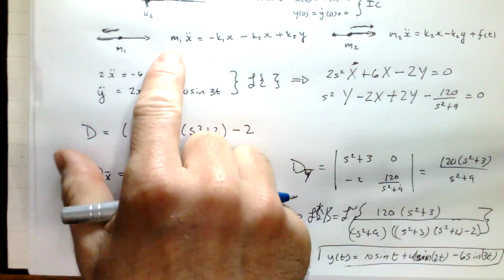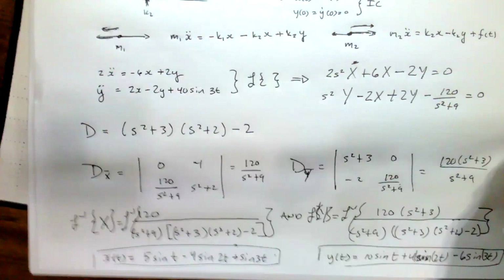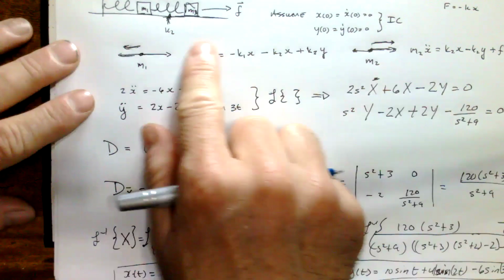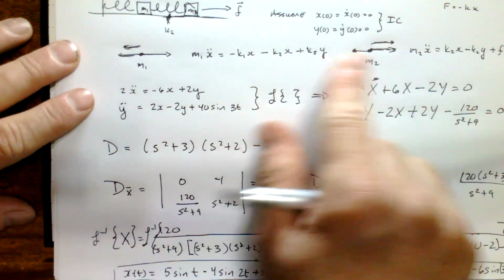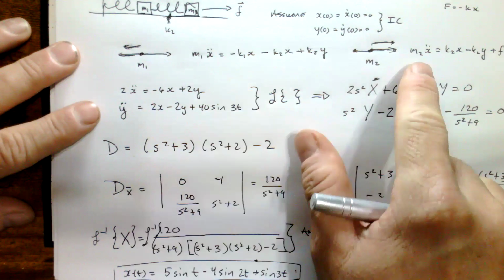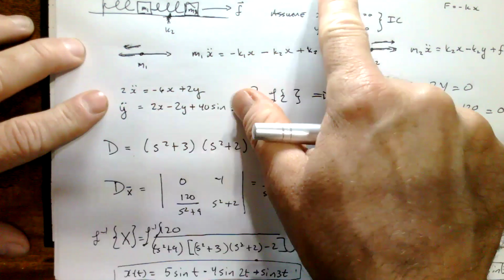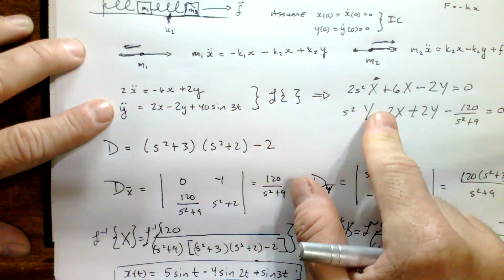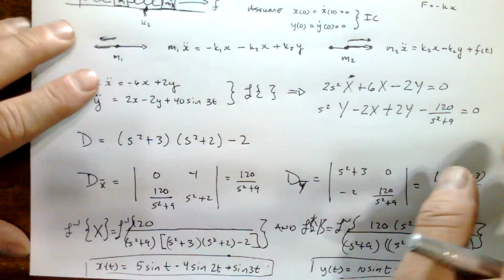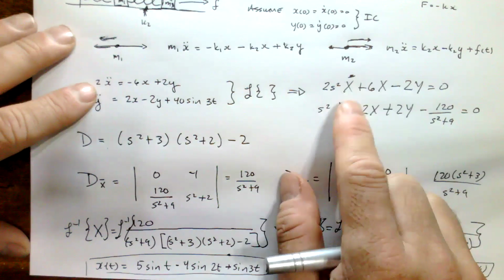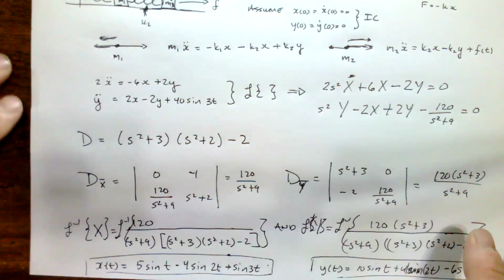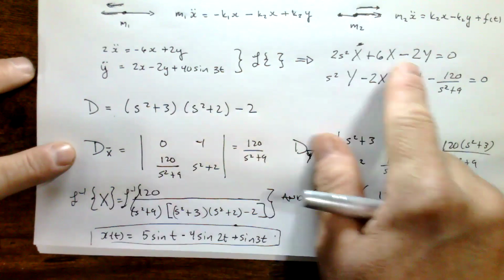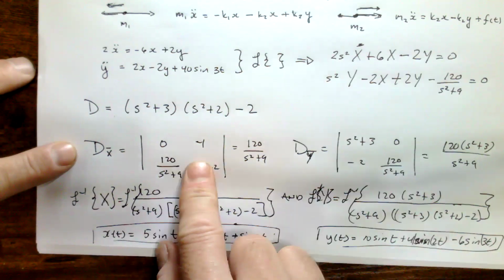So what did we do? We set up the system of equations based on the free body diagram. From there, we plugged in the given information for each of the masses and spring constants. Then we took the Laplace transform of each side. That created a system with two equations and two unknowns. We used Cramer's rule to set up this system so that we could solve it.